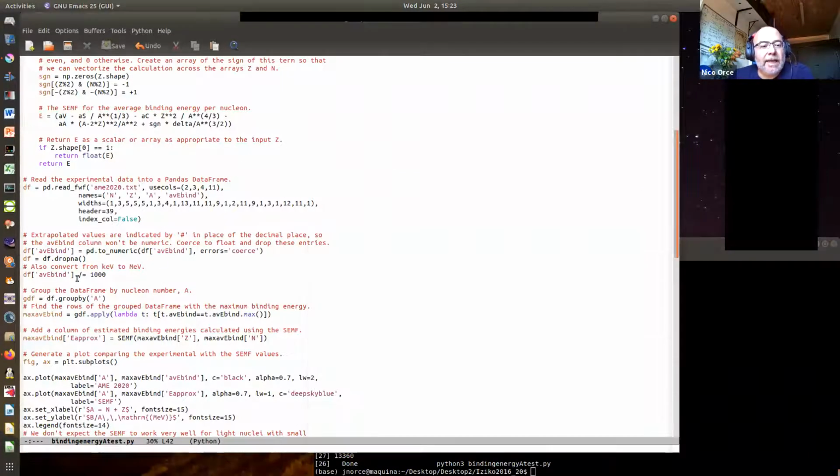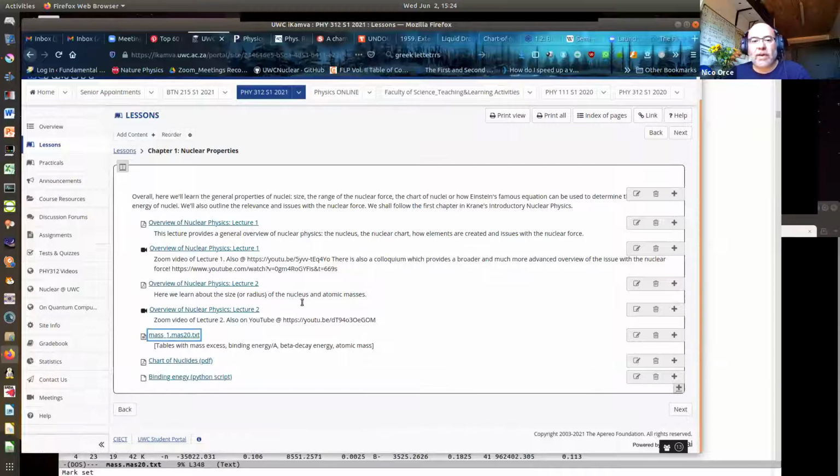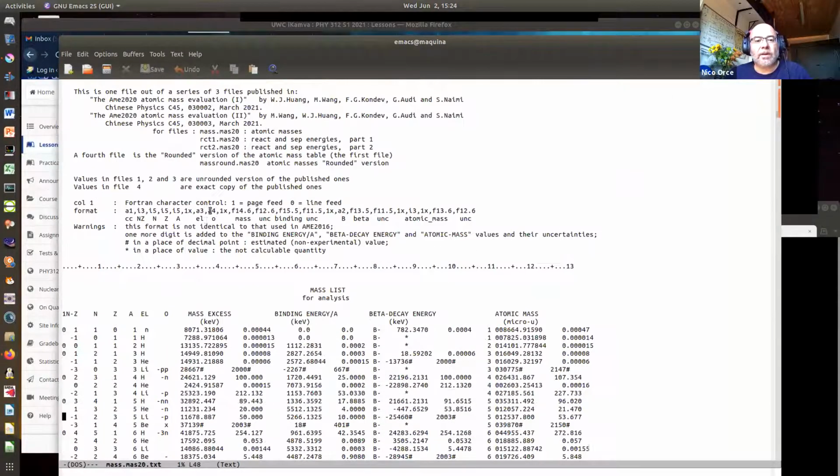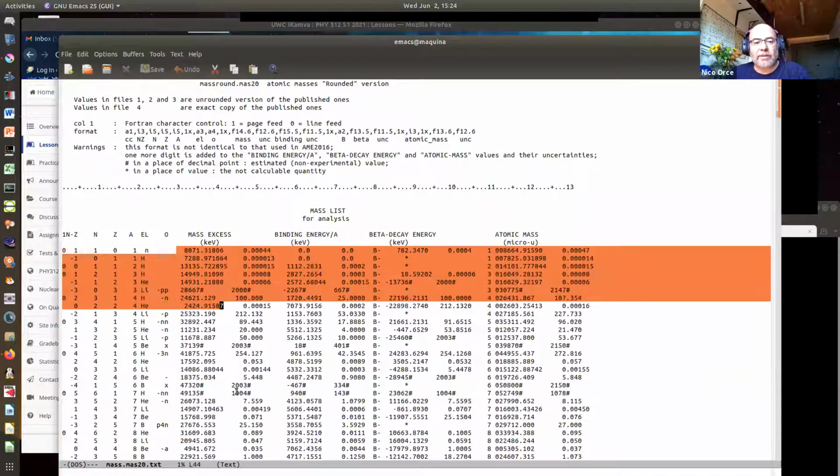So basically, what is happening here? This is the average binding. As I say, we're averaging over all A's. We are getting all these A's and all these binding energies, which are in keV.